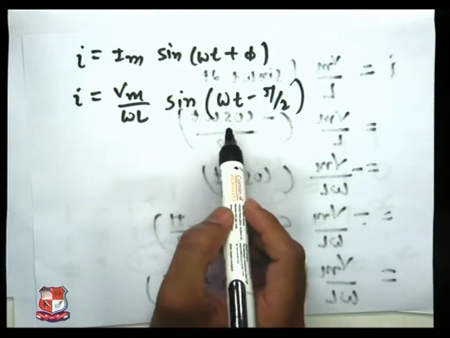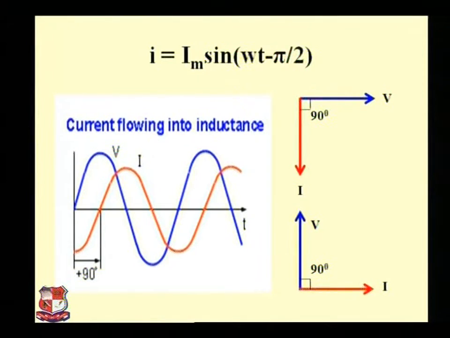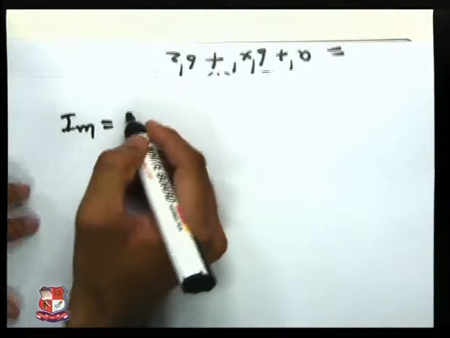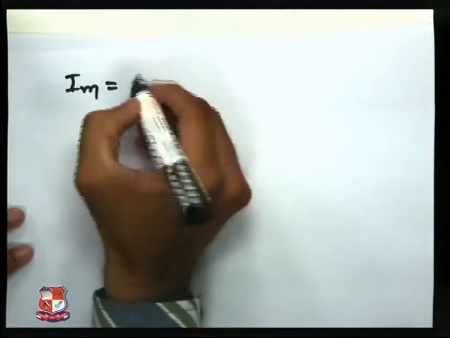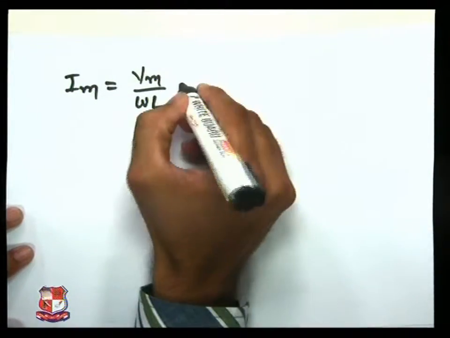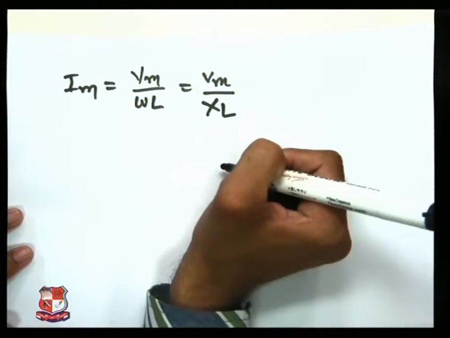By comparing these two equations, we get the maximum current Im equal to Vm by omega L, and omega L is known as XL.